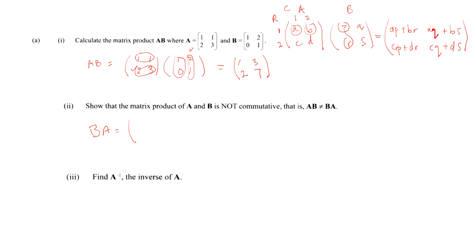So that'll be 1, 2, 0, 1 multiplied by A, which is 1, 1, 2, 3. We're going to apply row by column again. So 1 by 1 will give me 1, and 2 by 2 will give me 4, so this will be 5.